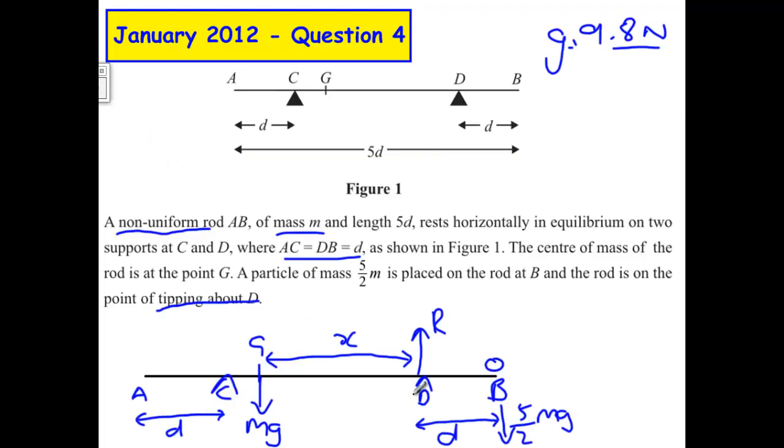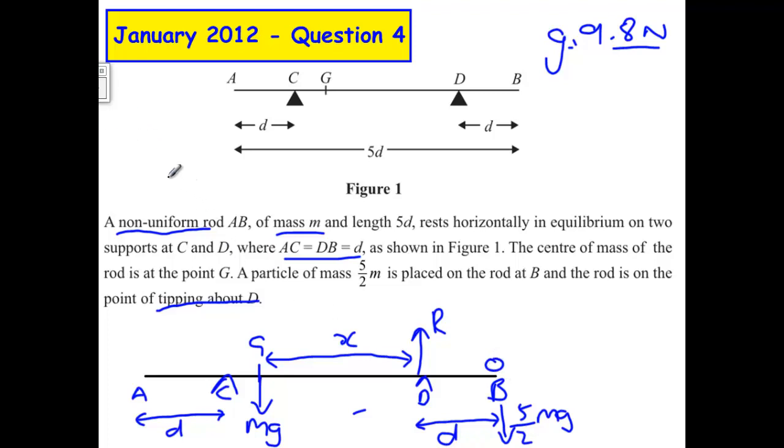And what I'm going to do is, because the rod is in equilibrium, I'm going to equate moments that act in a clockwise direction with forces that act in an anti-clockwise direction. So the two forces that we're looking at is the weight of the rod mg acting in an anti-clockwise direction, and the weight of the particle acting in a clockwise direction.